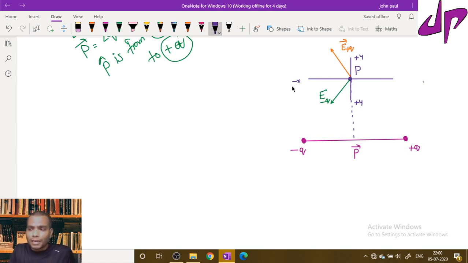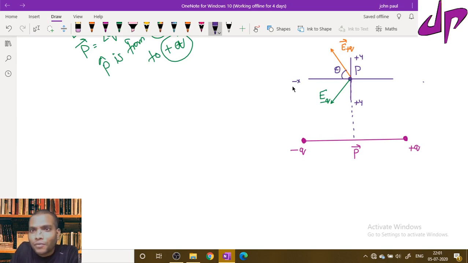Now to do that task, we need to find out the corresponding angles. Suppose this electric field is making an angle theta with the x-axis.